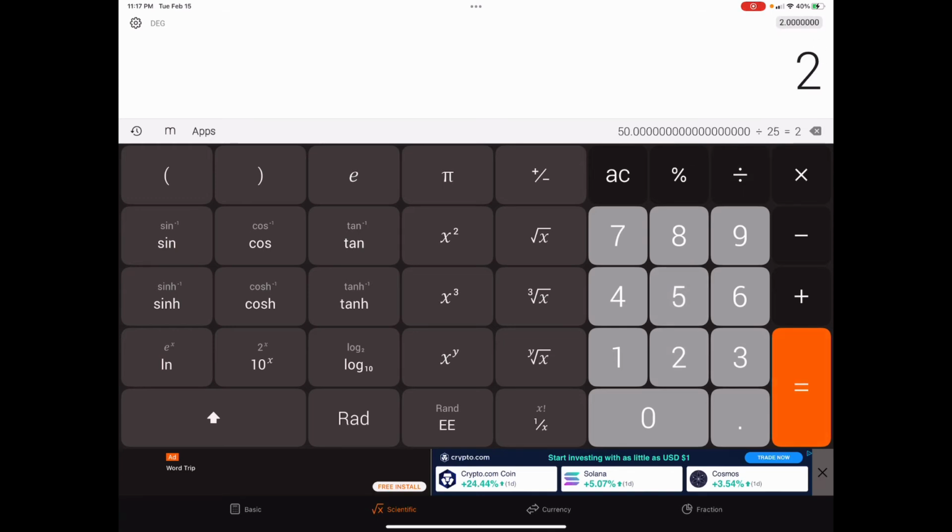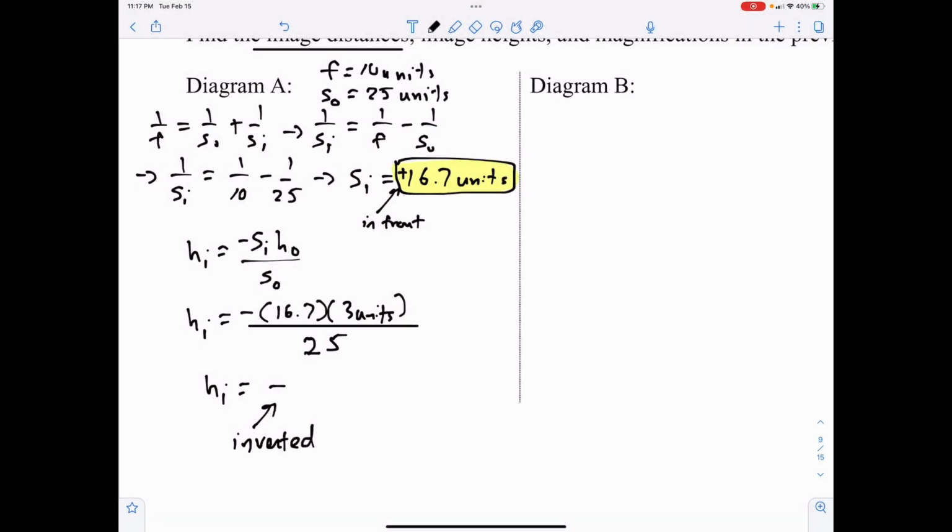And you can see I get negative 2 units. So negative 2 units just simply means that it's going to be 2 units in an inverted direction.